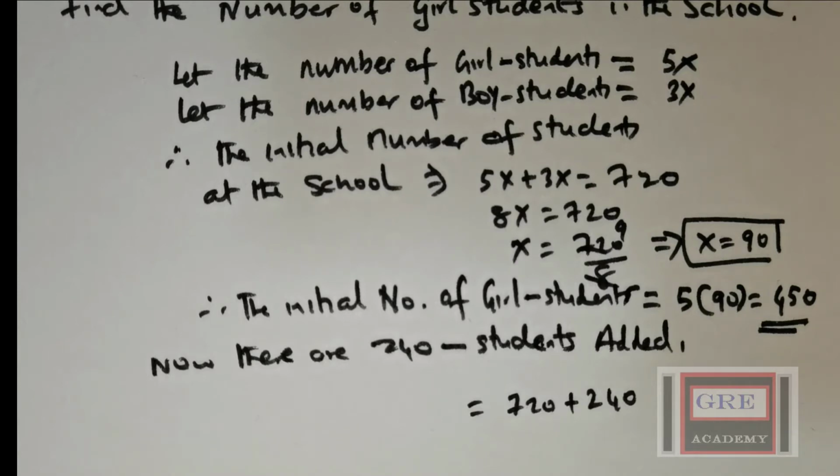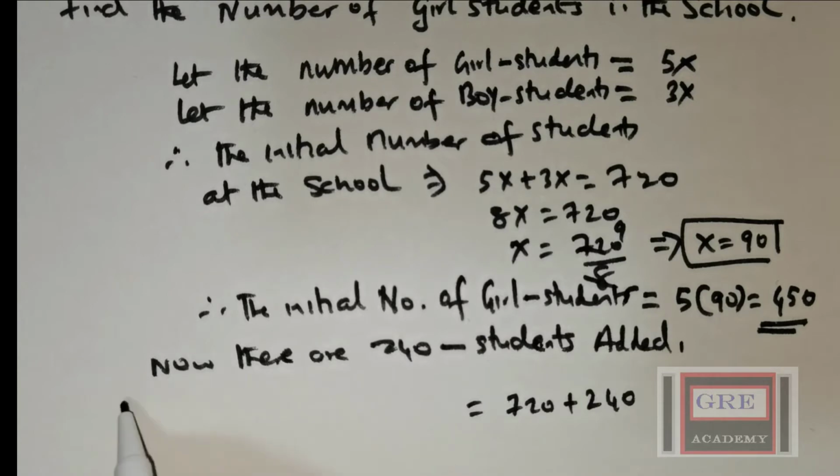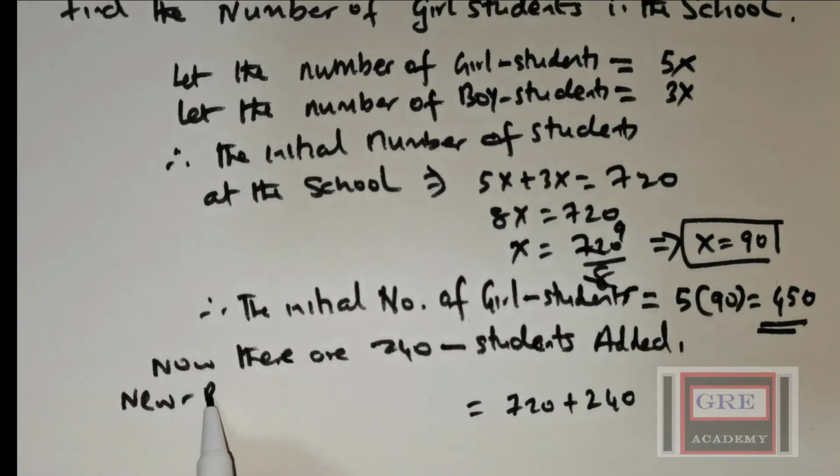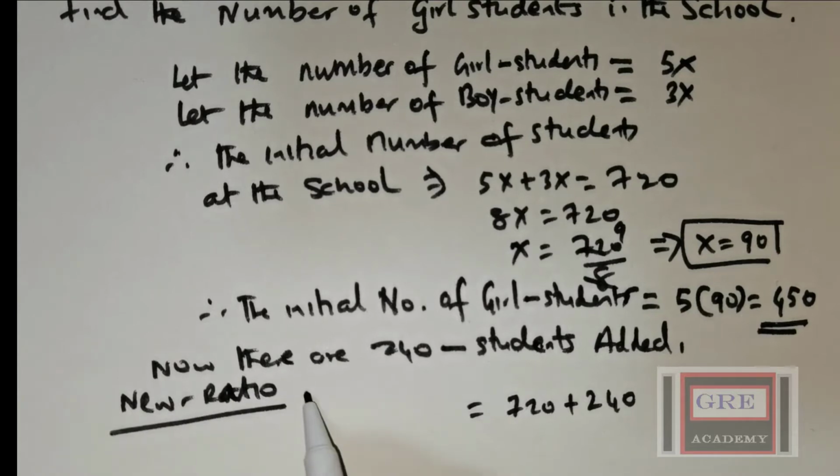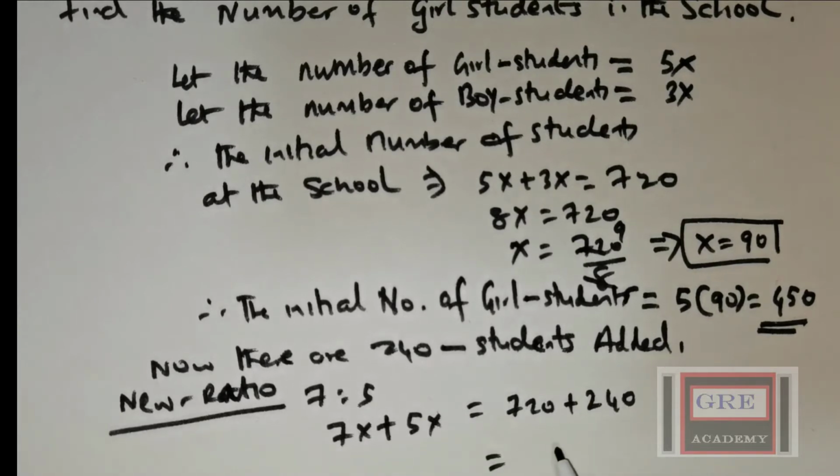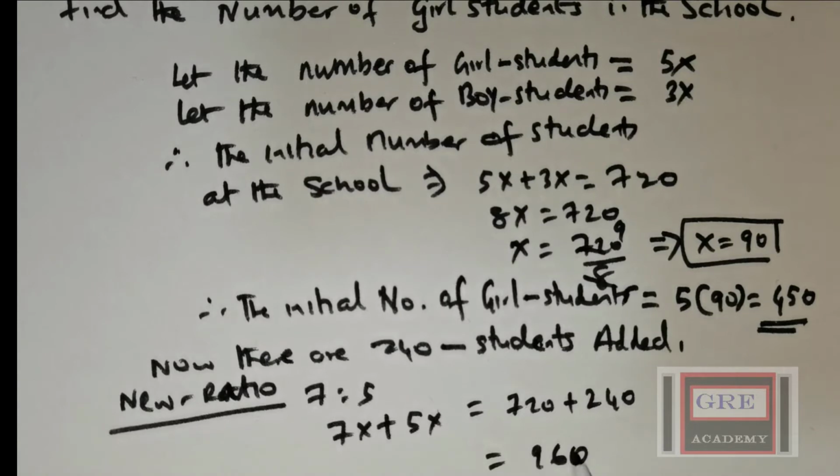Now because the ratio changes to 7:5, we would have to utilize that. So the new ratio is 7:5. So that means you got 7x positive 5x is equal to 960.